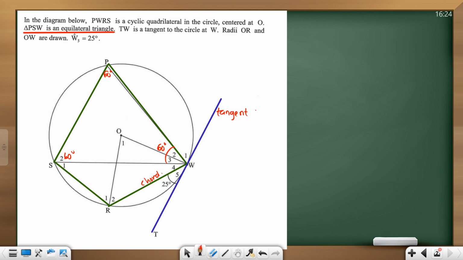I have a tan chord. W5 is 25. Which angle do you think would be equal to 25? You see, we're just still reading. S1. S1. What's your reason? Tan chord theorem. Ah, beautiful.